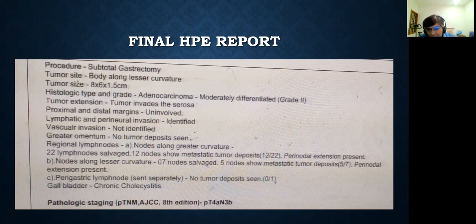So give them downstaging neoadjuvant chemo, and then go in and operate. That would be the role. But as you said, clear-cut guidelines I have not seen for neoadjuvant treatment for CA stomach. Okay, sir. Thank you, sir.